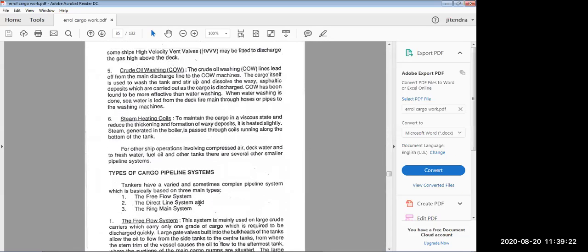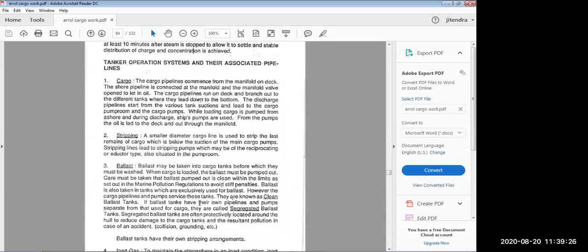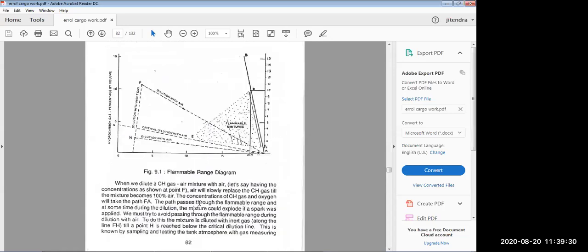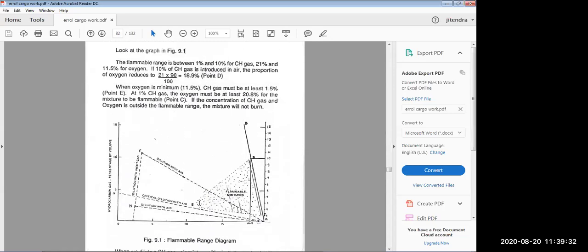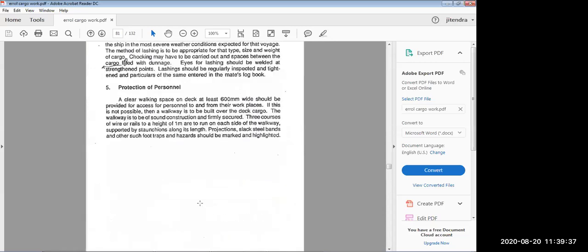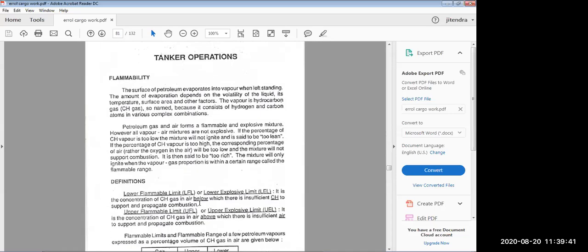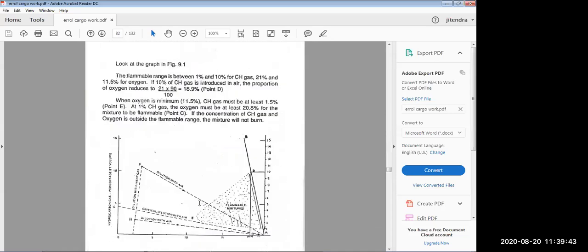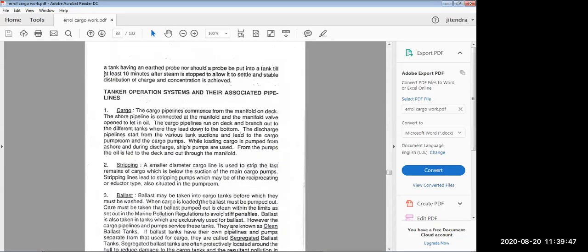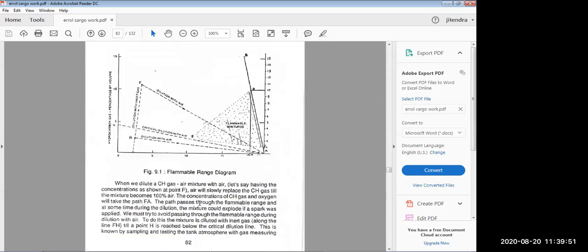Then there are other systems on the tankers. Preliminary diagram we have done. Gas freeing by use of inert gas.